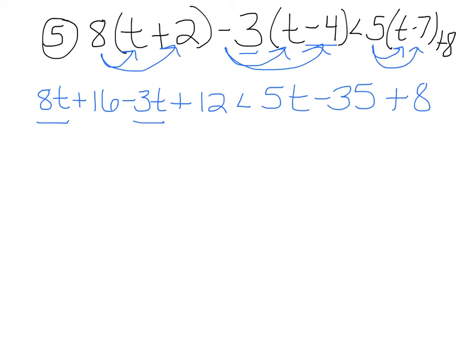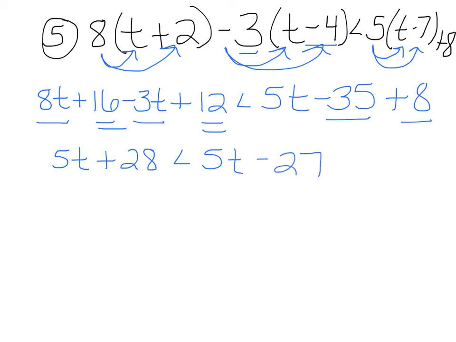I can combine some things on the left side. I get 5t plus 28 is less than, on this side I can combine the negative 35 and the positive 8 to get negative 27.